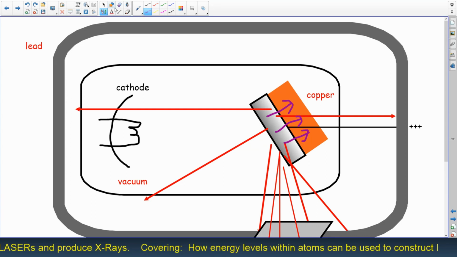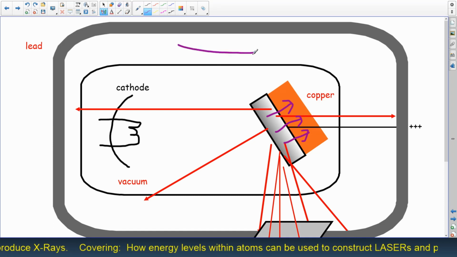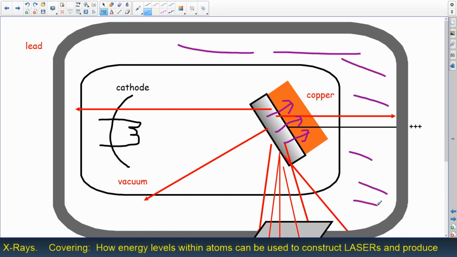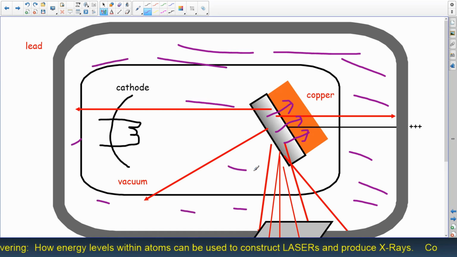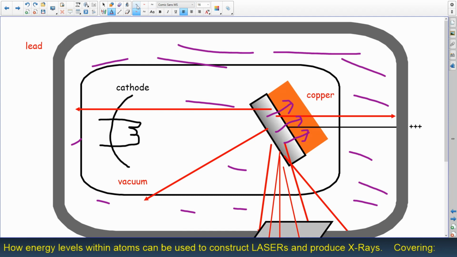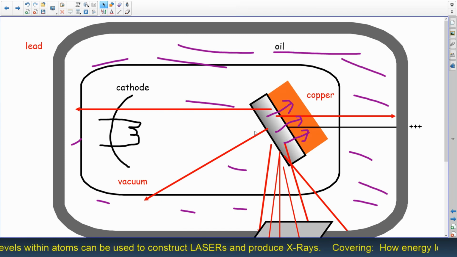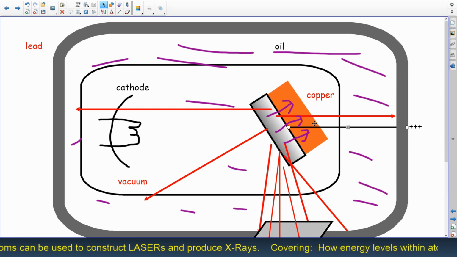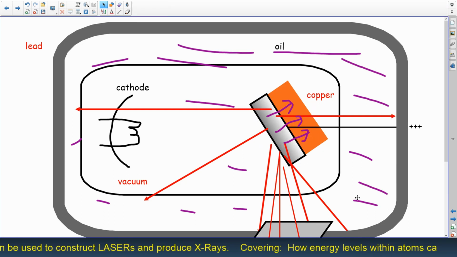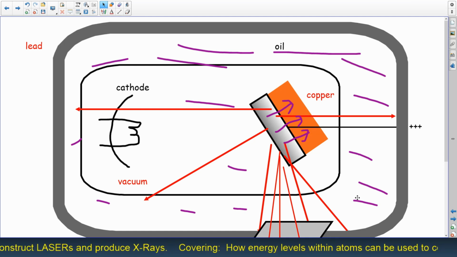And then I'm going to surround the whole system in hydraulic oil. And again, the heat that transfers out of my tungsten into my copper is then transferred into the oil. The oil is circulated and cooled, and that keeps the whole system from falling apart.